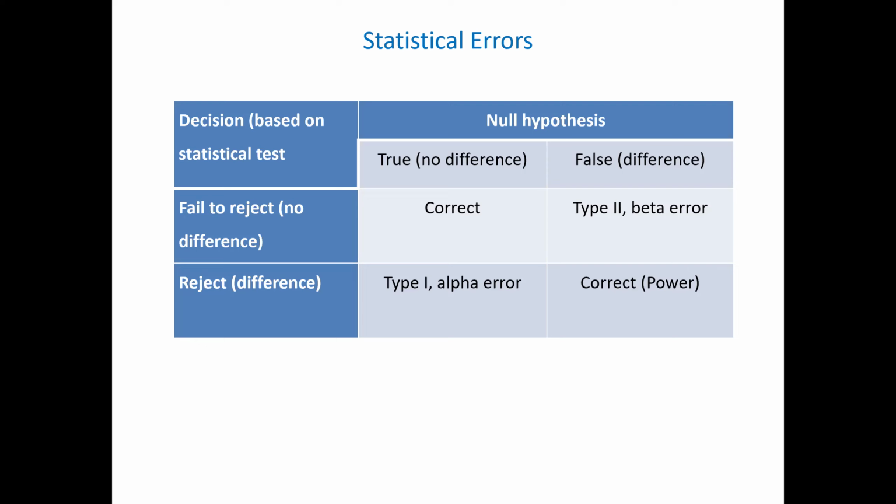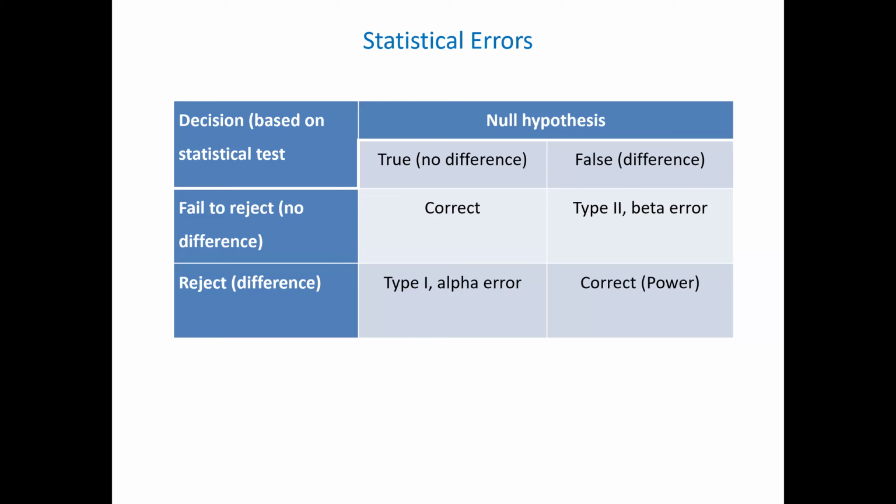Let's look at this table. There are two errors that can happen. One of them is this first one. You may find a difference and reject the null hypothesis, and in real life, the null hypothesis is true, that there's no difference.